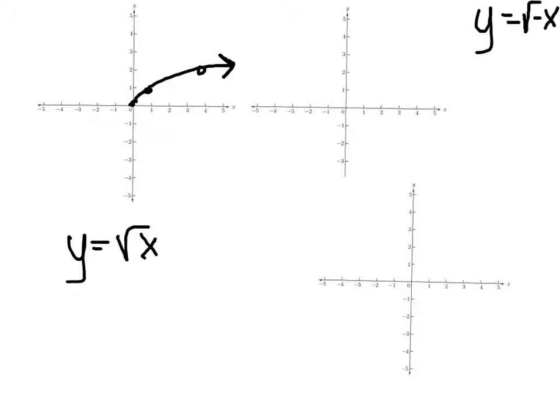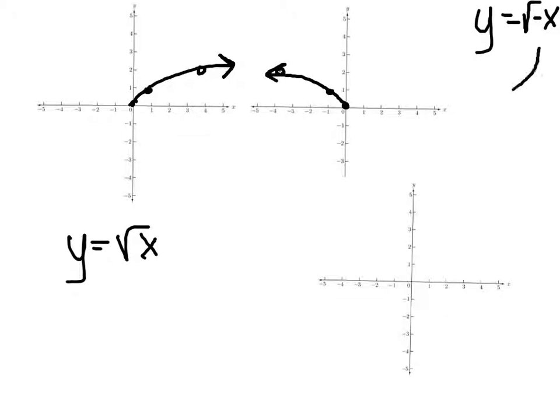So here we have y equals the square root of x, and we're going to compare it to y equals the square root of negative x. So square root of x looks like this, 0, 0, 1, 1, 4, 2. If I take the square root of negative x, I get 0, 0, negative 1, 1, negative 4, 2.